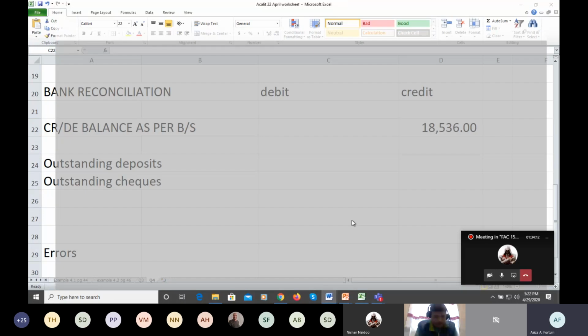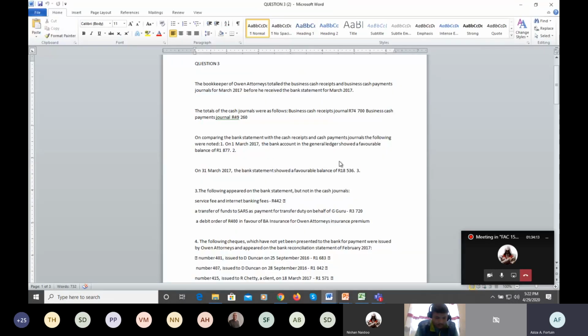I'm going to have to toggle now between the screens to show you the question. That's not a problem, and we don't have a question that can show you exactly how to do it like this. Your study material 102 hasn't arrived yet. Have you got 102 study material? I don't think so, it hasn't been sent out yet. How did I get in the WhatsApp group though? We were in class and then we created the WhatsApp group. You can just send me a WhatsApp and I'll get you connected to the group.